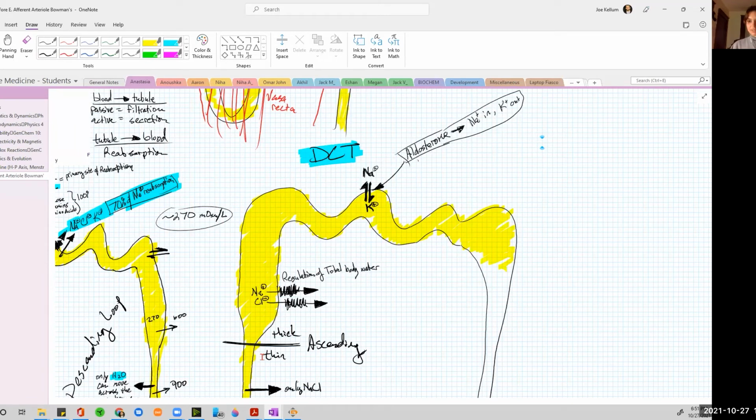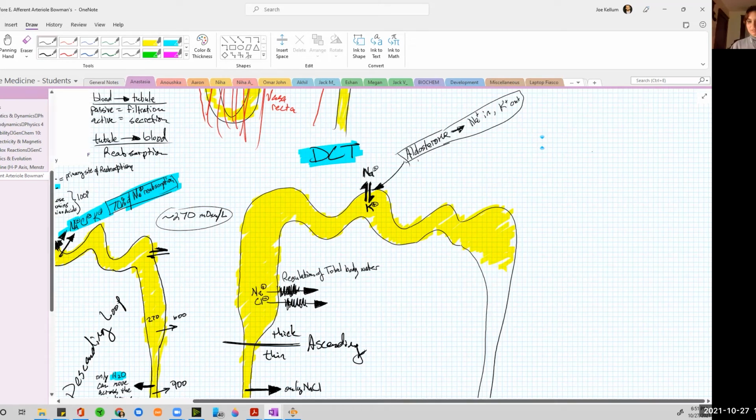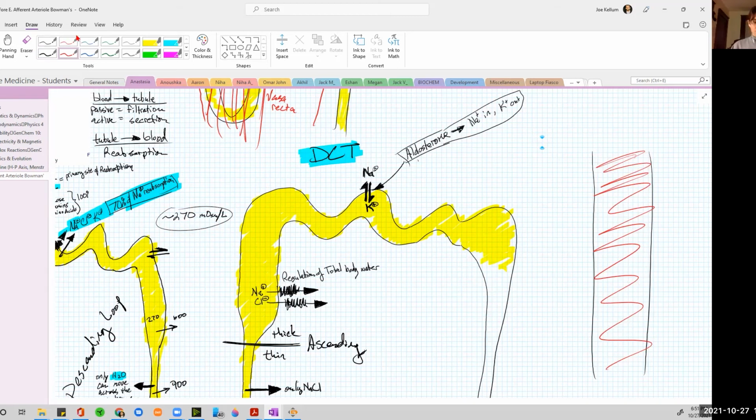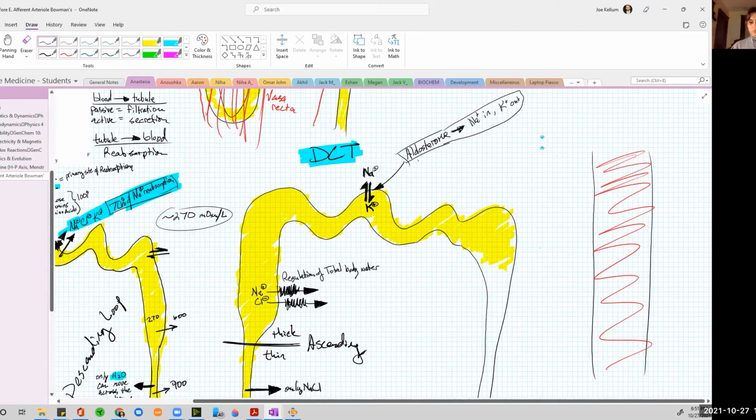Yeah. And so whenever you've got, imagine this is a capillary, and then the space outside of it is the interstitial space, there's always going to be some interchange of fluid between the capillary and the interstitial space, right?